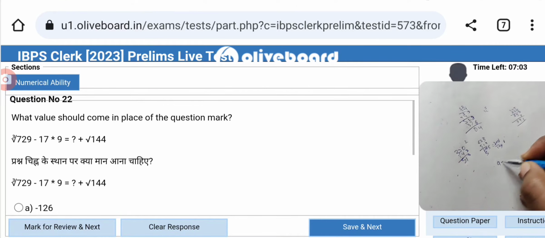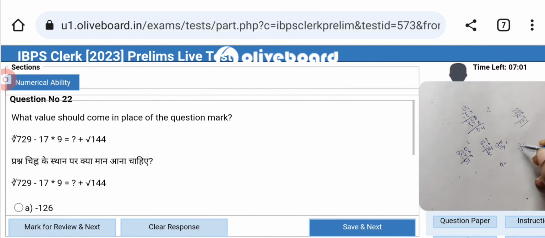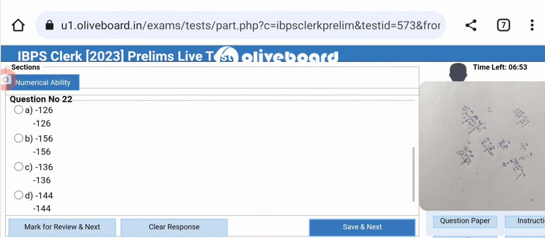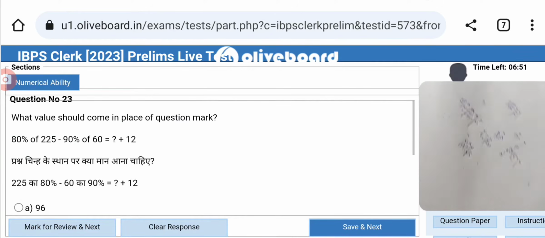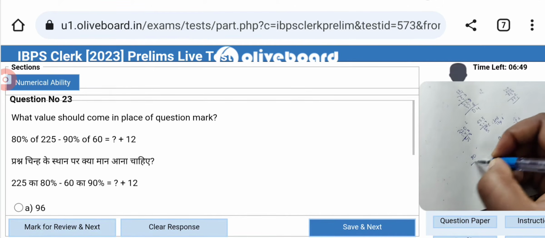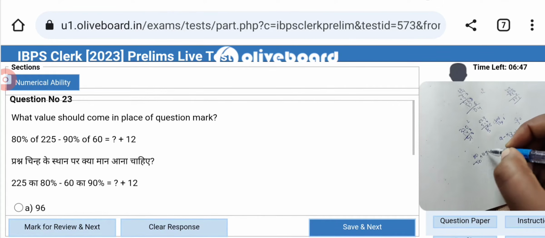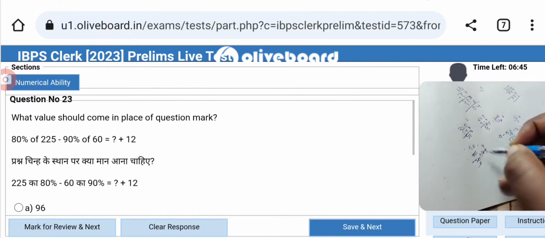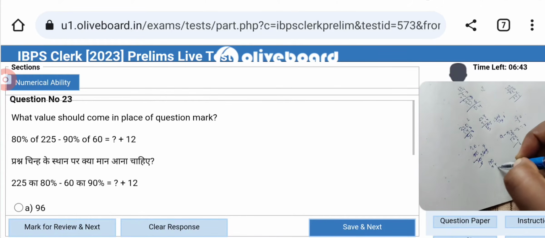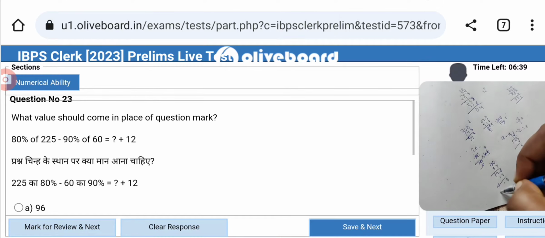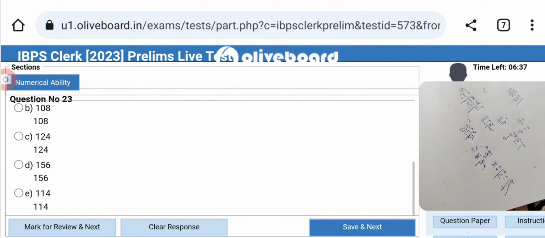So 9 minus 153 minus 12 is x. 165 minus 9 minus 156. So 20. 180 minus 54, 6. 126 minus 12, 114.